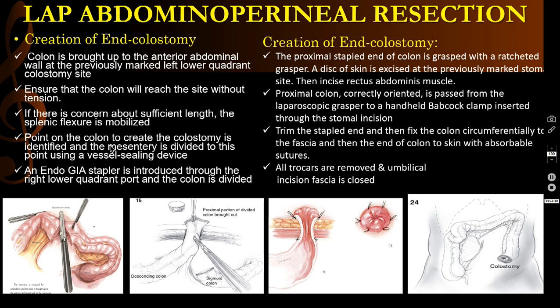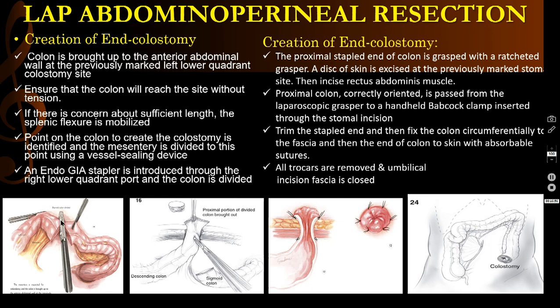The point on the colon to create the colostomy is identified and the mesentery is divided to this point using a vessel sealing device like a harmonic scalpel or ligature. An endo-GIA stapler is introduced through the right lower quadrant port and the colon is divided.